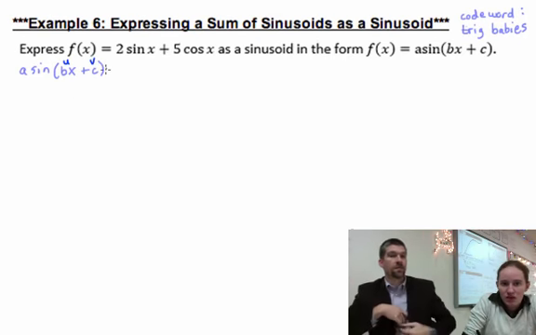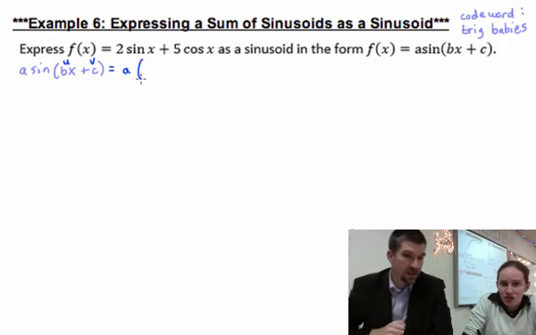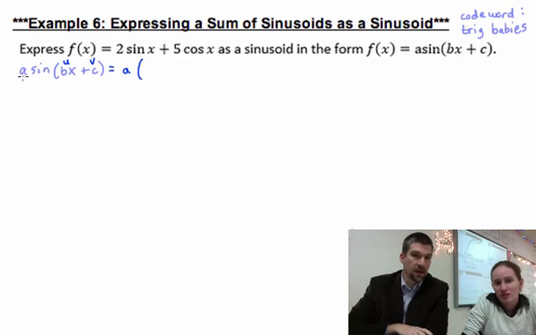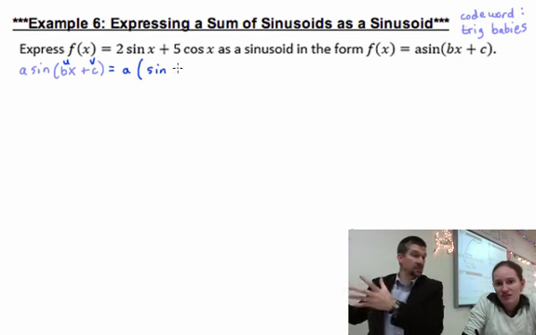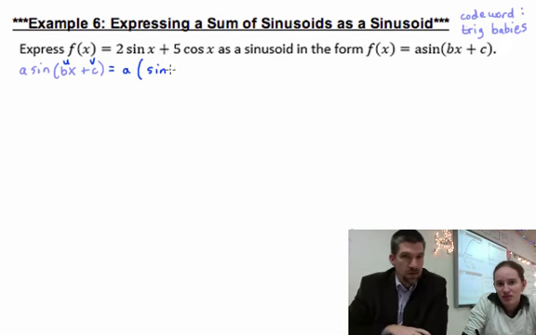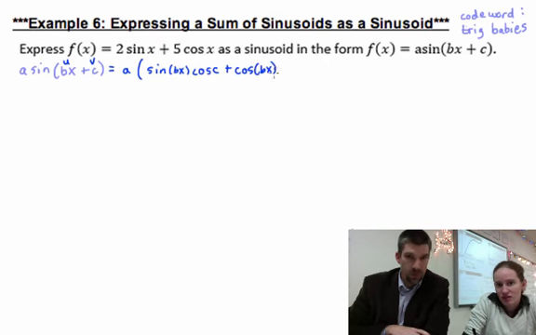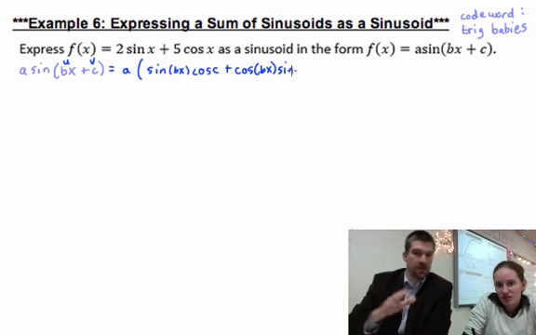So bx takes all the u spots, c takes all the v spots, and you leave the a in front because it's a times the sum or difference. So we've got sine of bx times cosine of C plus cosine of bx times sine C.